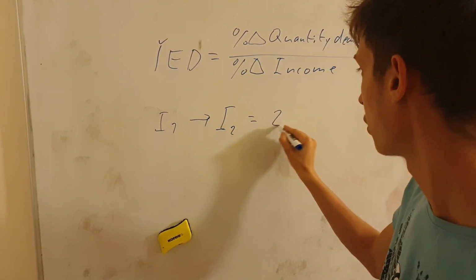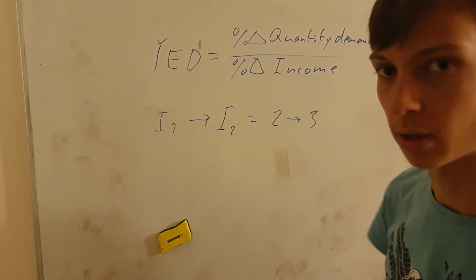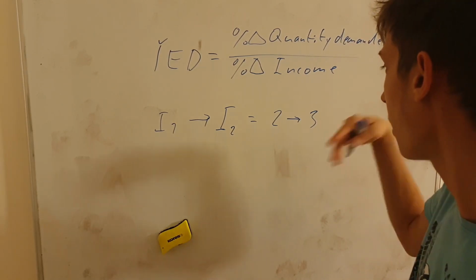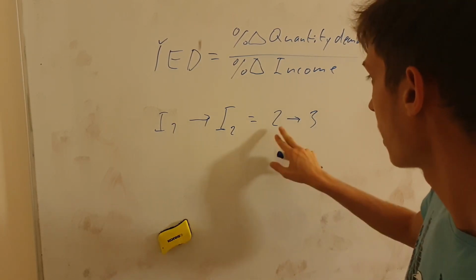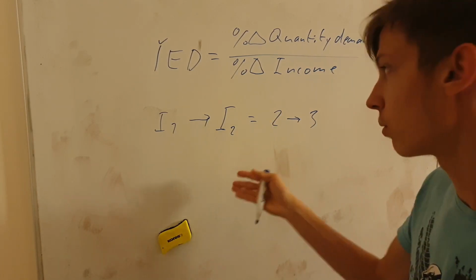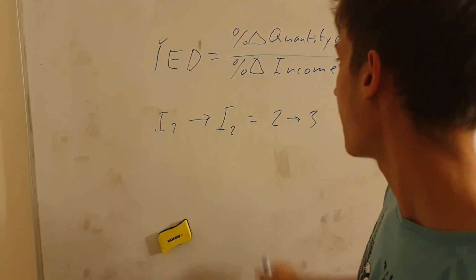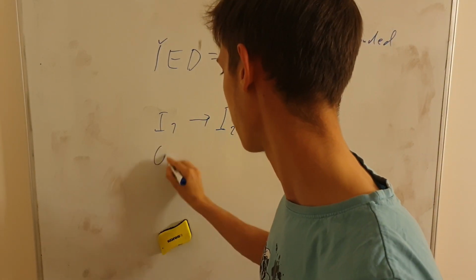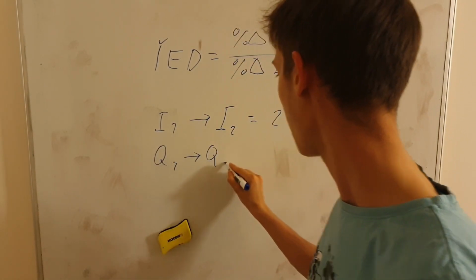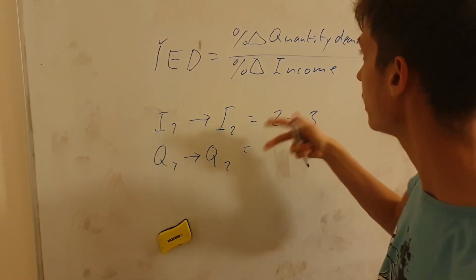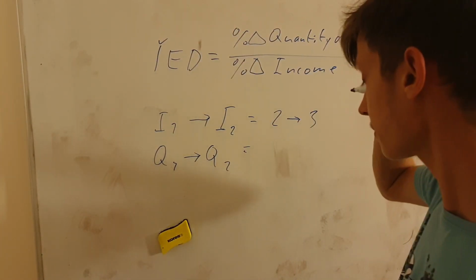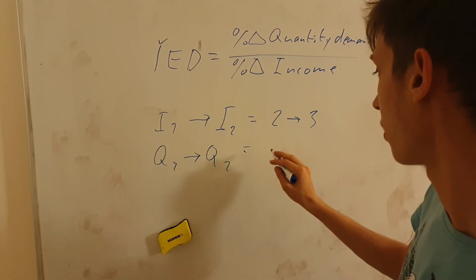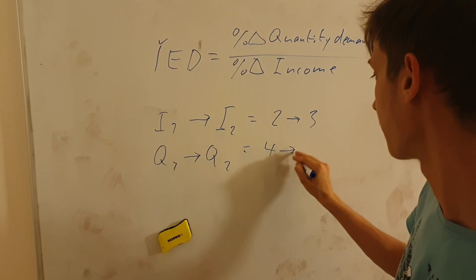It goes from 2 to 3, dollars or whatever you can imagine behind this. The income went up 50% because it is compared to the initial value, which I will explain in a moment again. And the quantity demanded, quantity 1 to quantity 2, is a second thing we need for the calculation of this index. In this particular case, the quantity went from 4 to 5.